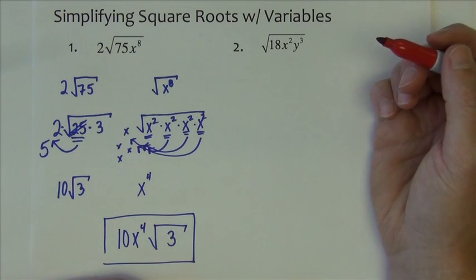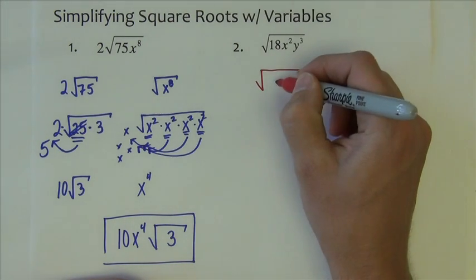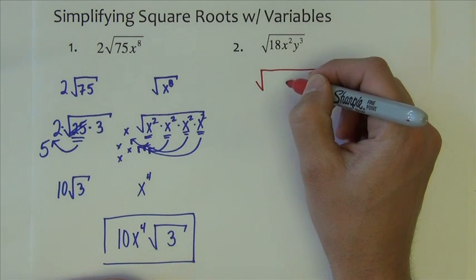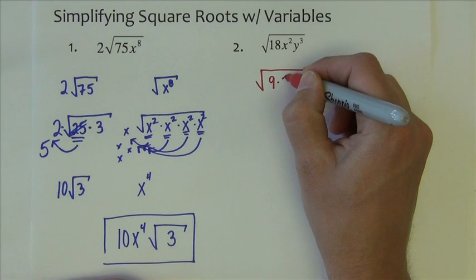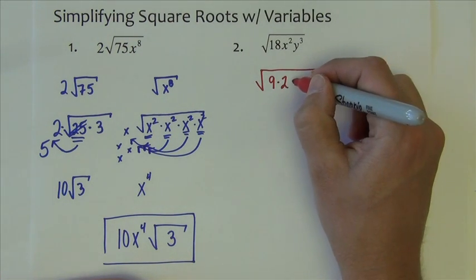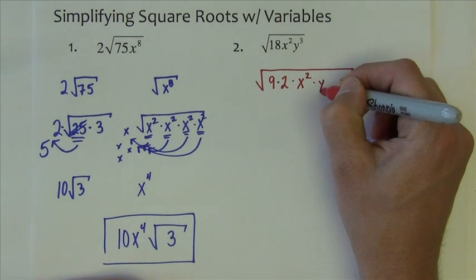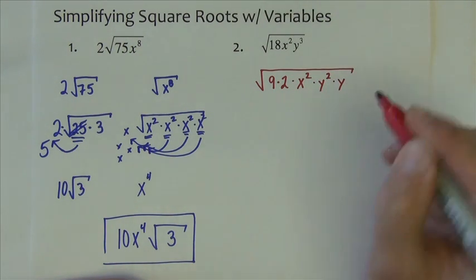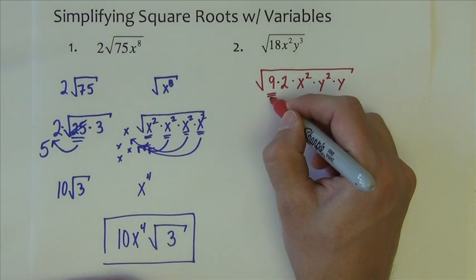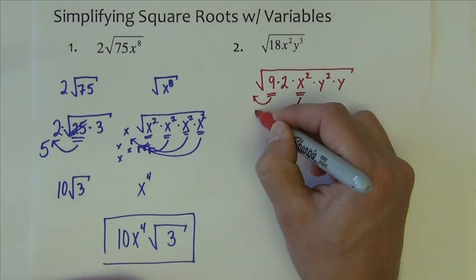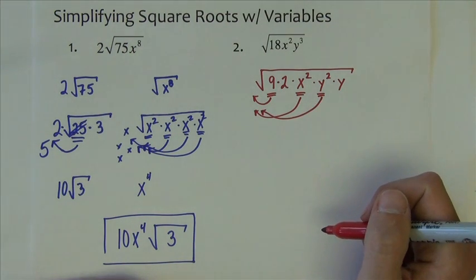Second example, I'll go ahead and just do it maybe all at once this time. 18, I need two numbers that multiply to give 18. One of them has to be a perfect square, so we'll choose 9 times 2. I've got the x squared, it's already a perfect square. The y to the third is y squared times y. All the perfect squares come out. 9 comes out, x squared comes out, y squared comes out.